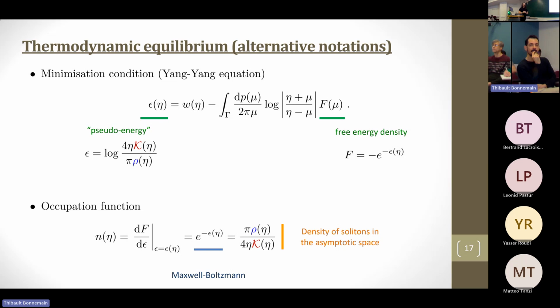Right. Okay, so all of this is rather generic when it comes to many integrable systems in GHD in general, right? For all integrable systems in 1D, the normalization condition will always look like that. The only thing that will change is this scattering shift and the way the free energy density relates to the pseudo energy.